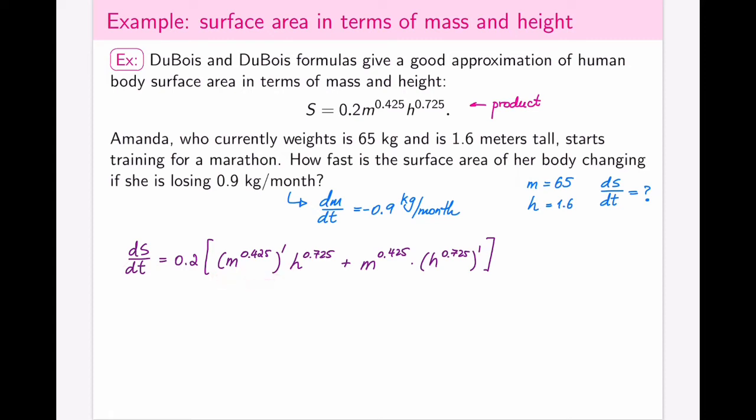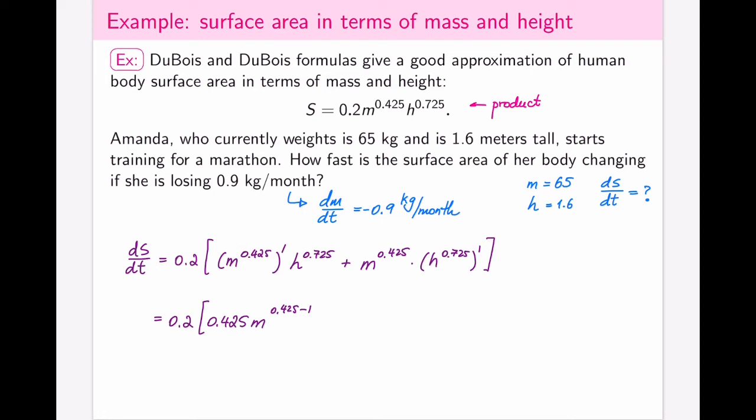Here I have to take a derivative of this particular expression. So the first thing to do, of course, is just apply the power rule. The power comes down in front and gets reduced by 1. So I'm going to get 0.425 m to the power 0.425 minus 1. But then I've taken the derivative of the outside function, but my inside function m is also a function of time.